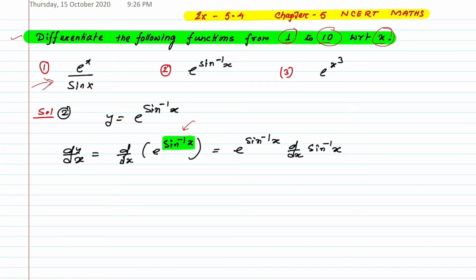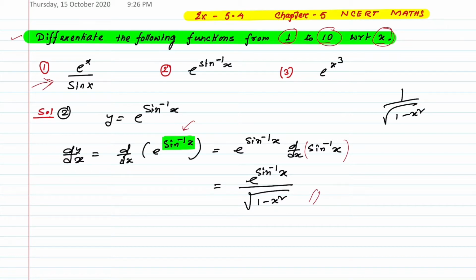So it's function of function, and derivative of sin inverse of x is nothing but 1 by root over 1 minus x square. So here our answer will be e to the power sin inverse x divided by root over 1 minus x square. So this is our final answer. Hope you have understood this.